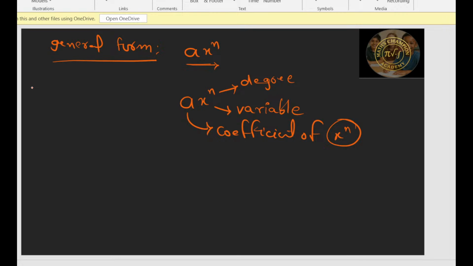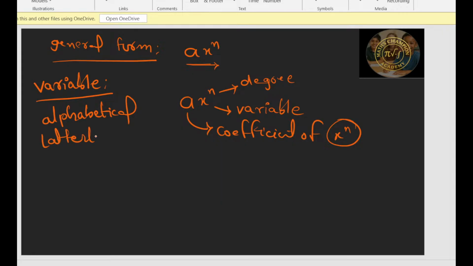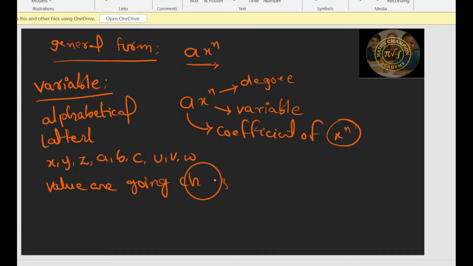Now look at what is a variable. Try to understand what is a variable. A variable is an alphabetical letter, for example x, y, z, a, b, c, or u, v, w, any alphabetical letter whose values are going to change.